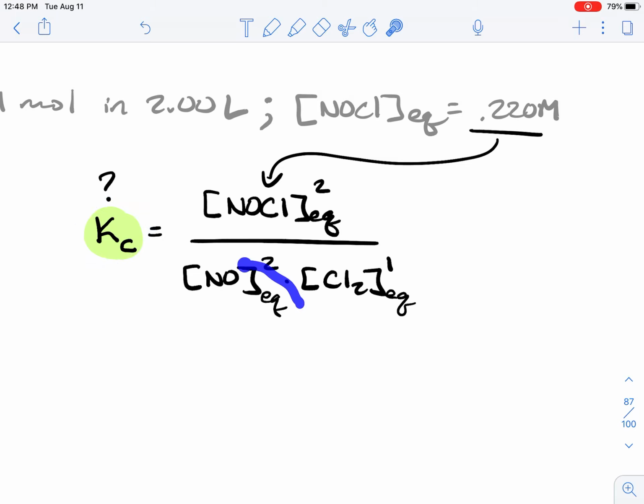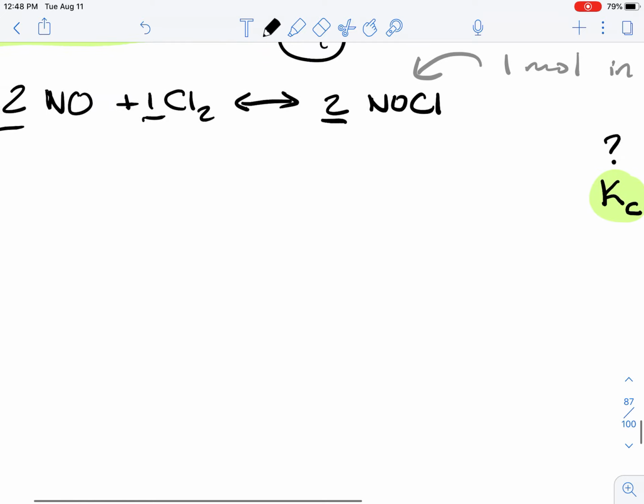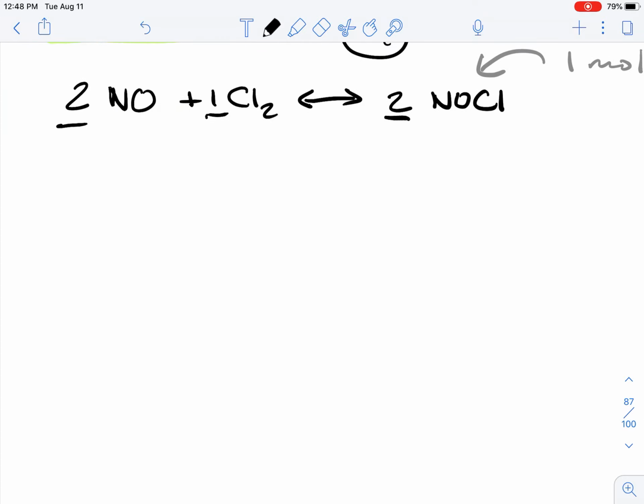Since we need to determine the equilibrium concentration for both of these substances, that's going to prompt us to build an ICE table. So here I'm going to put in ICE: initial, change, and equilibrium.